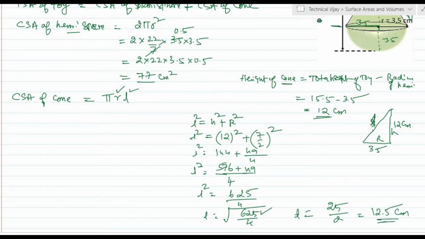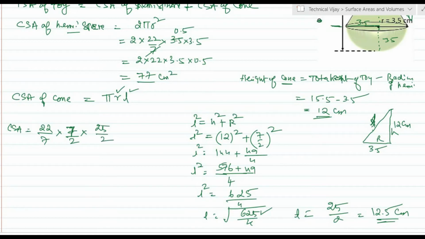Now we got l also. So we can calculate CSA is equal to pi, that is 22 by 7, into r, radius, which we have written as 7 by 2, into l, which is 25 by 2.